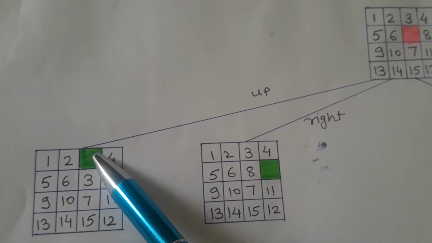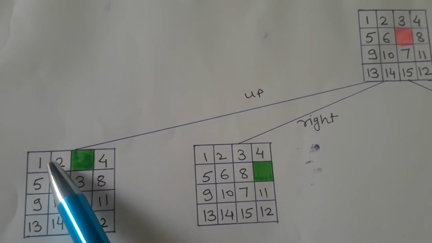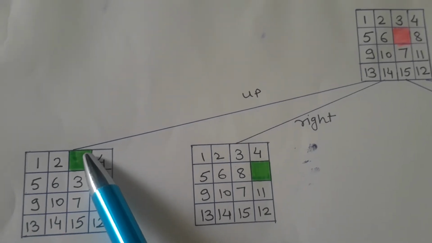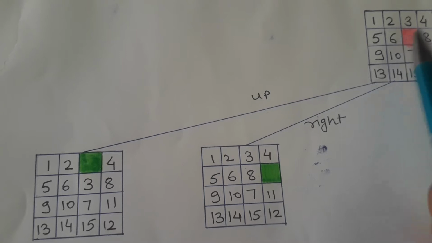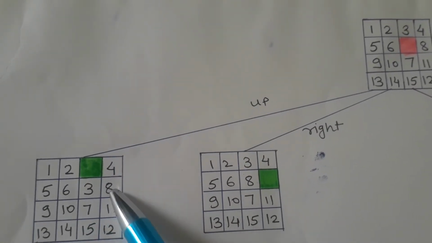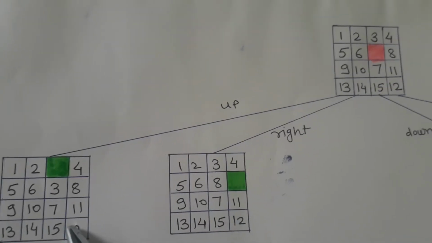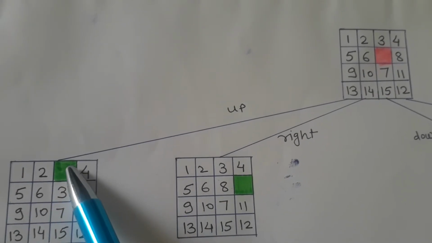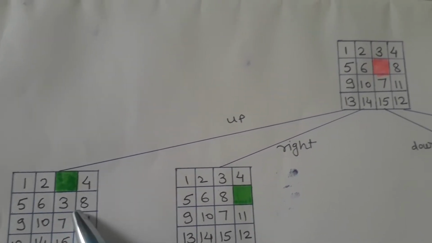So here 3 comes to the empty spot, and the other tiles remain as they are. So when we move 3 to the empty spot, we will get this output.